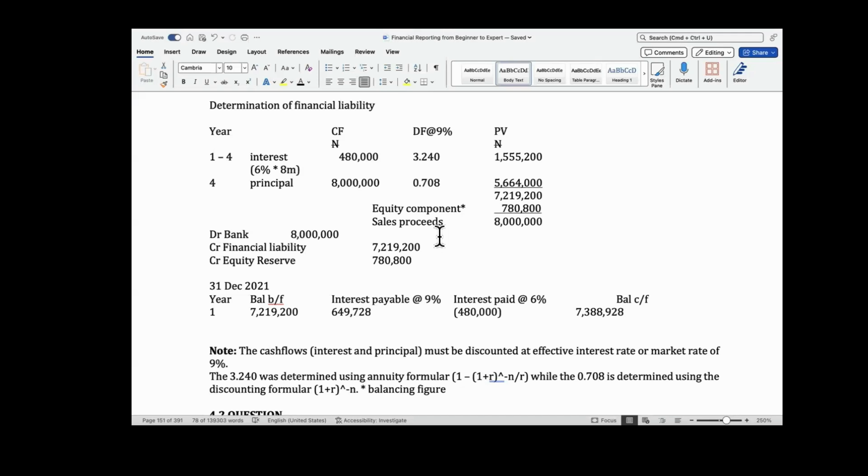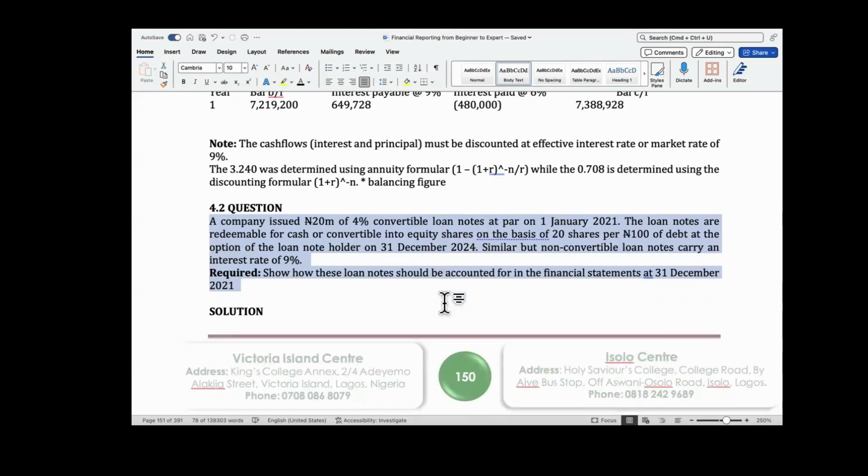Because by second or third week in April, I would majorly focus on published accounts. I want to put all of these things together and see how you solve questions on published accounts, which I believe would then be a little easier for you. That's if you have been reading all of these things. So please, guys, let's double up.